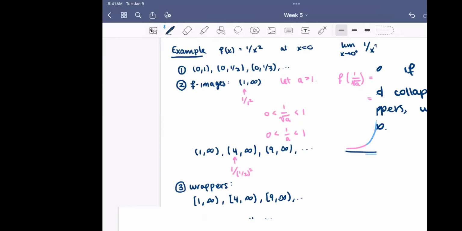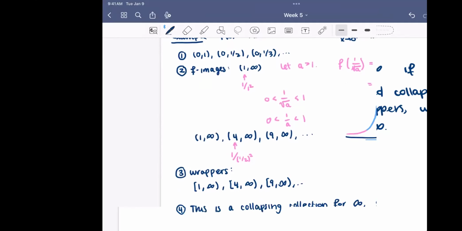So by a similar argument, we get that the limit as x approaches zero from the left of 1/x² is equal to infinity as well.